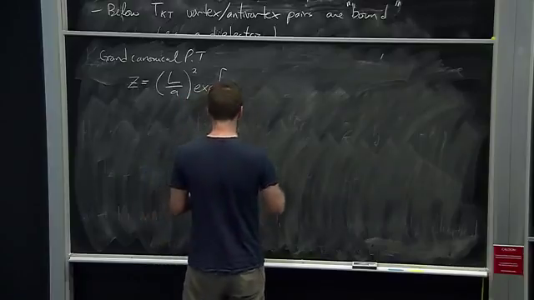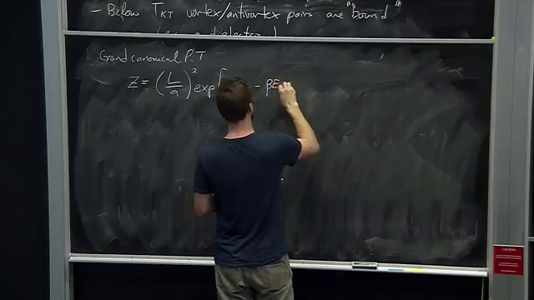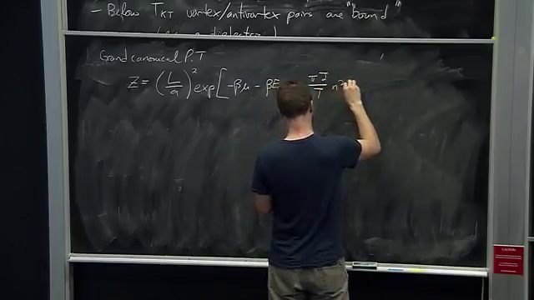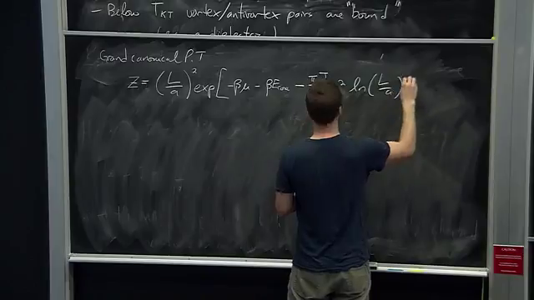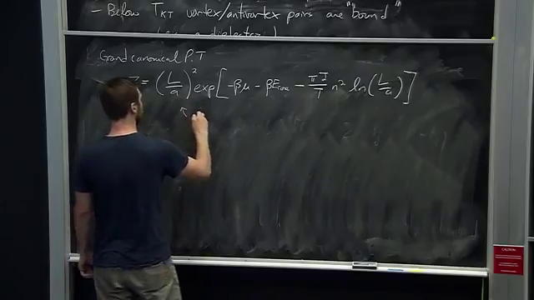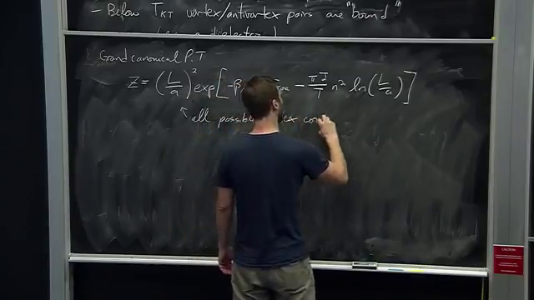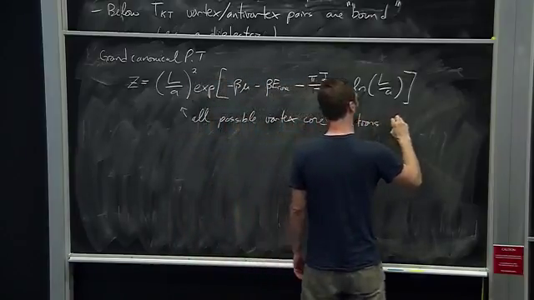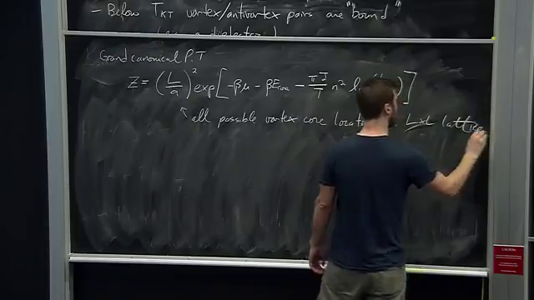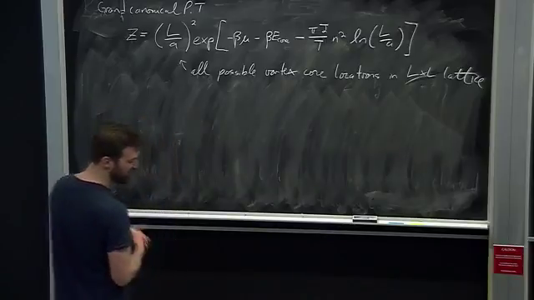So I have one chemical potential, I have one energy, and it says all possible vortex core locations in an L by L lattice. Okay, so this is sort of unphysical.